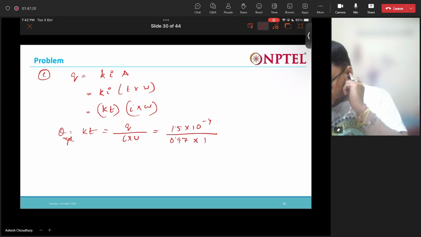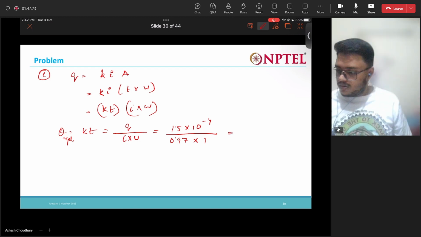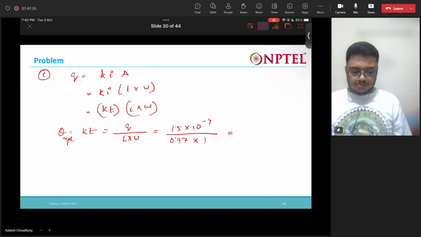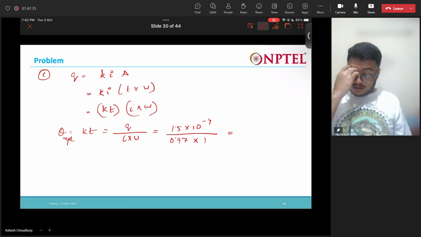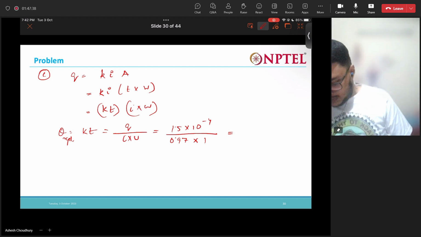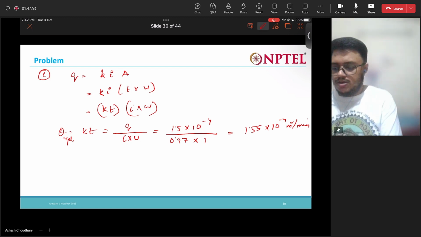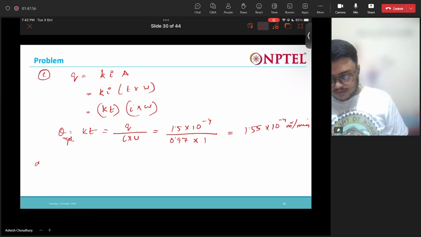So that is 0.55 into 10 to the minus 4 meters square per second. Okay. Now the factor of safety is theta allowed by theta required.